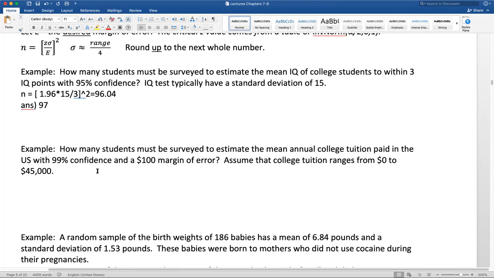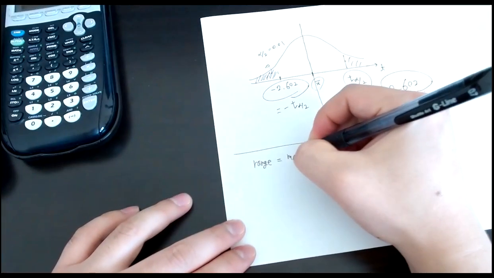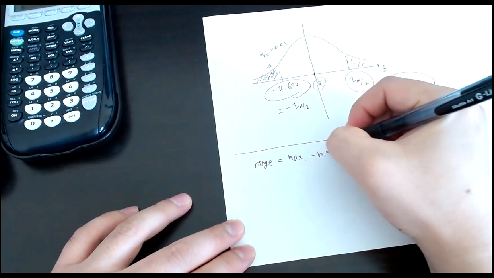You may wonder why we divide by 4. Range is maximum minus minimum, right?